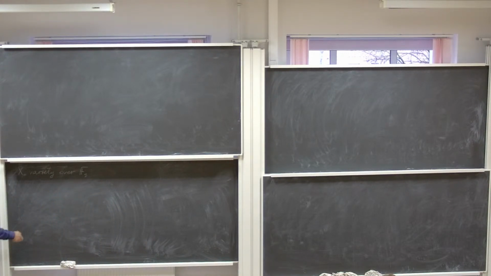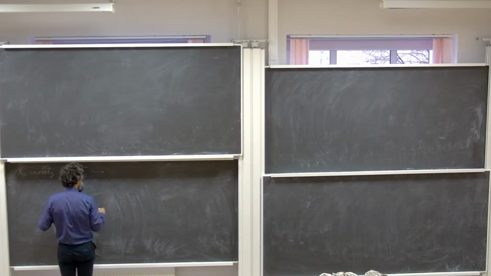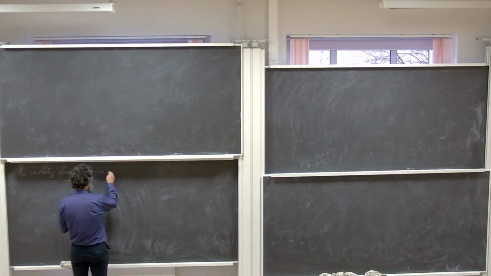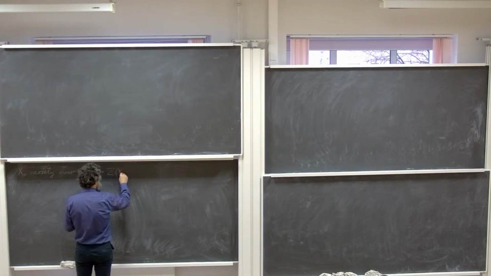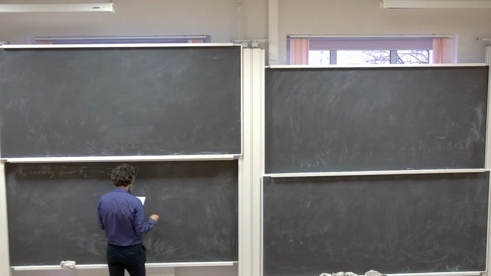In fact, starting from today, we will study just hypersurfaces in affine spaces, just one equation. So whatever you prefer, the simplest possible case. And now to this we associate the zeta function of X naught and counting variable t.